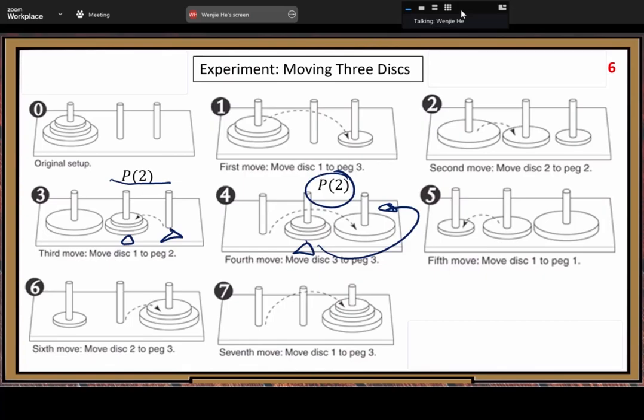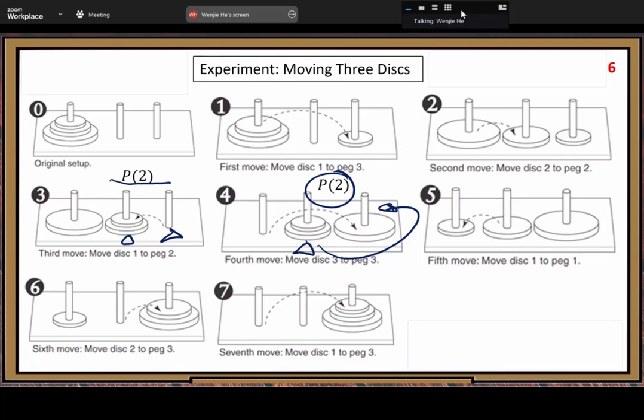Now, after you complete this experiment, you need to do some summary. Because your goal is to generalize this idea to the general case, the n-disk case.